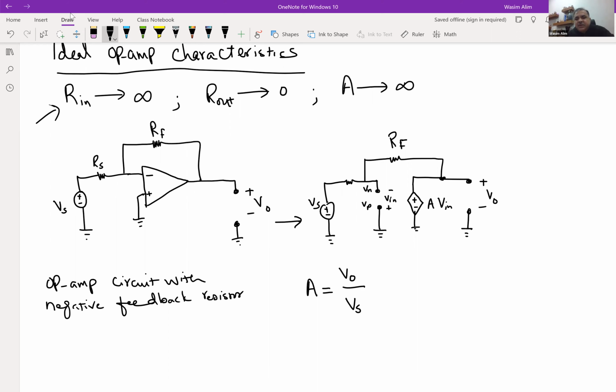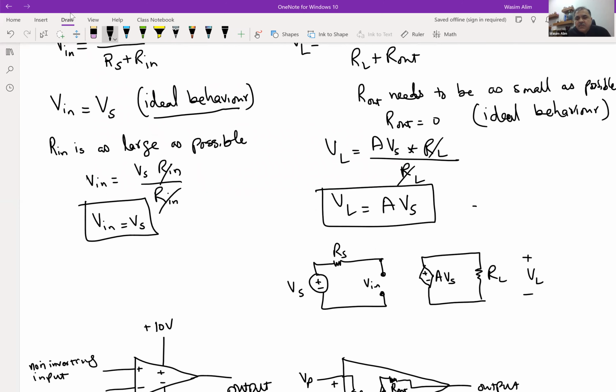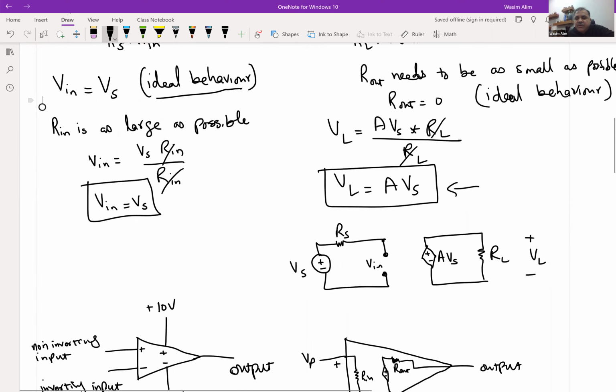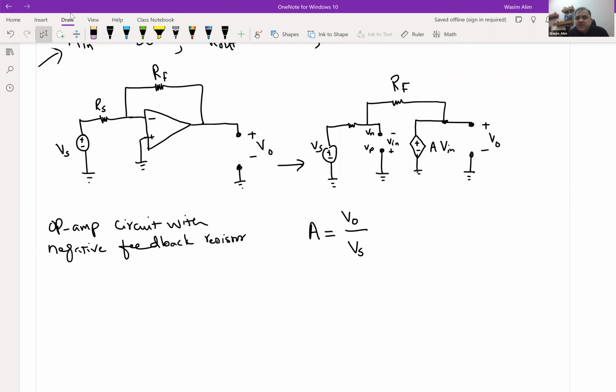If you recall that expression, we said that VL was representing the output, and there's a gain and V sub S. So from this, if I were to derive the gain, essentially it is in this form, by the way. So V output is A times Vs. Previously, we were just representing it by the V sub L, but now since we don't have a load here, we're just simply showing it with the V sub O. Symbol changes, but the quantities are exactly identical.